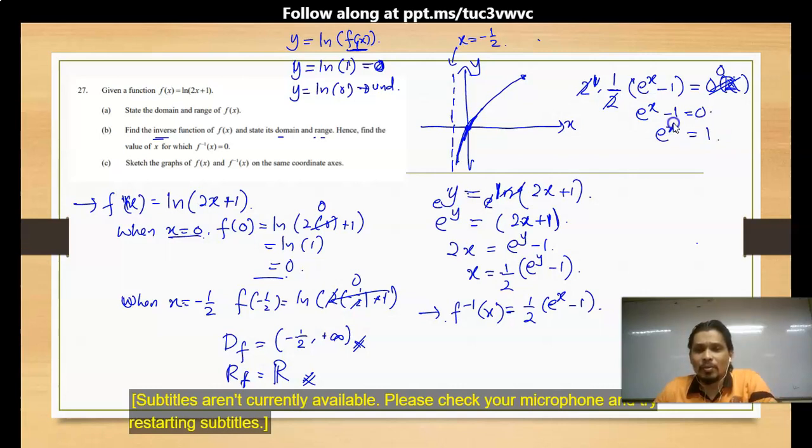So we are going to find out the value of x here. So take natural log on the left side and here, cancel between these two, then x equals natural log of 1, which equals 0.